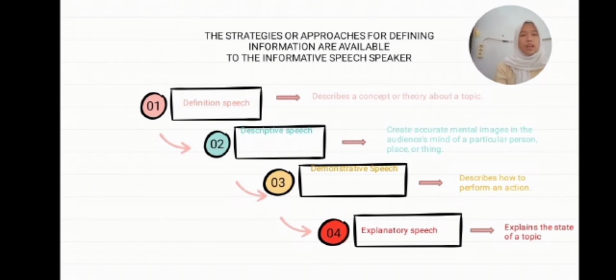Demonstrative speech explains how to do something. Can use visuals to show the audience. Visualization helps the audience retain what each step looks like, increasing the likelihood that they will retain the overall information in the speech. The last one, explanatory speech, explains the state of a topic.